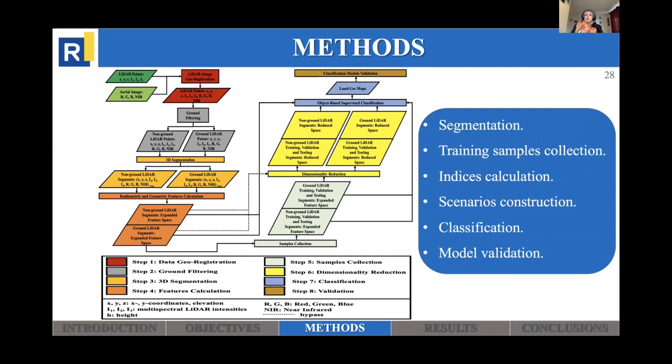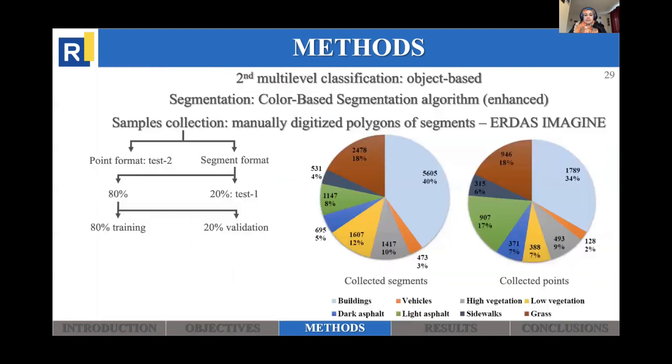The classification was run, and then the classification model was validated. So it's pretty much the same, except that the segmentation step was fundamental before we start collecting the training data sets. The segmentation was done using the color-based segmentation algorithm after introducing some enhancements to fit the scope and objectives of this study.